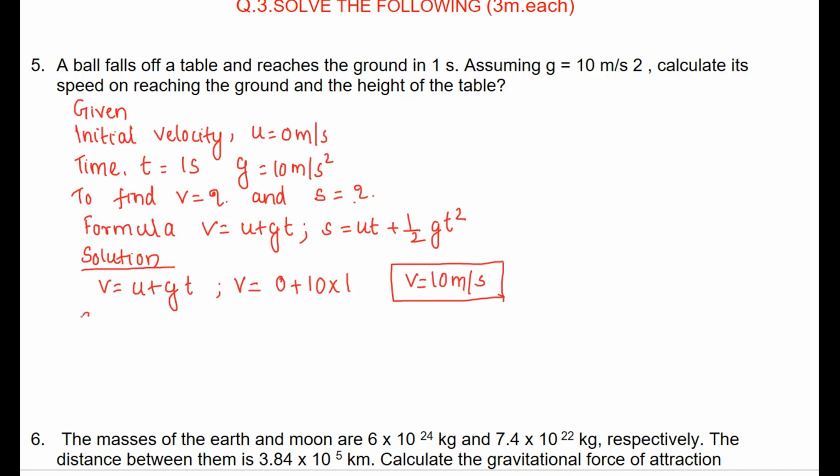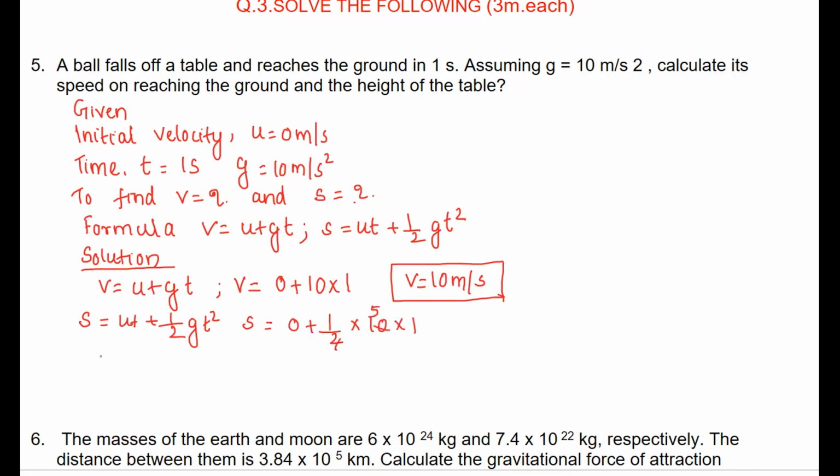Next, we want to find out the height of the table. We know that s is equal to ut plus half gt square. That is, s is equal to u is 0, so the first term will become 0, plus half into g is 10, t is 1. So 2 and 10 cancel, 5.